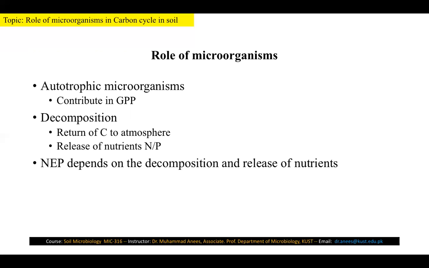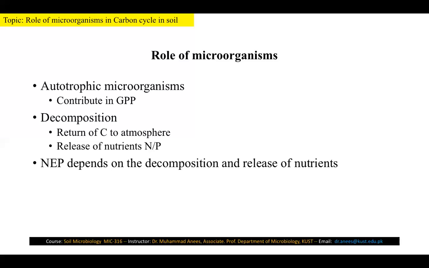And the total production of the ecosystem is known as net ecosystem production. Net ecosystem production depends on how efficiently the nutrients are being cycled, how efficiently they are released in the environment. And this release basically depends on decomposition.